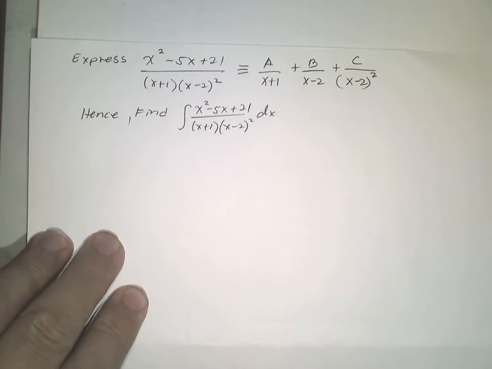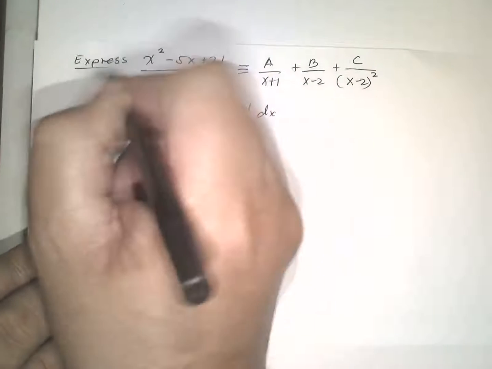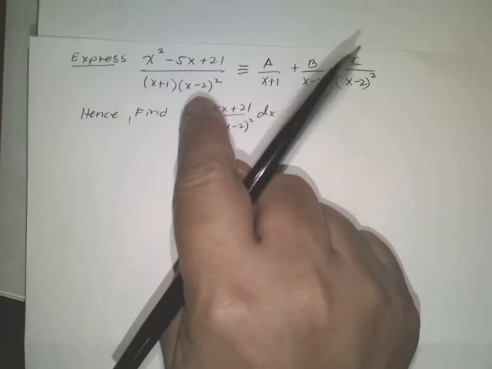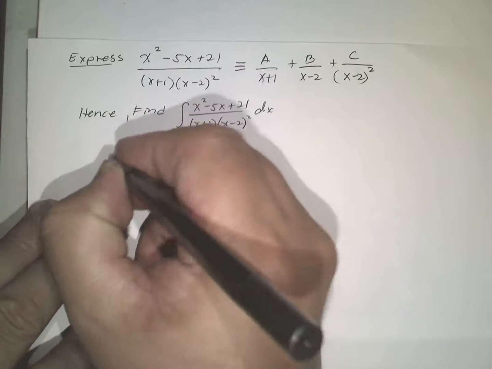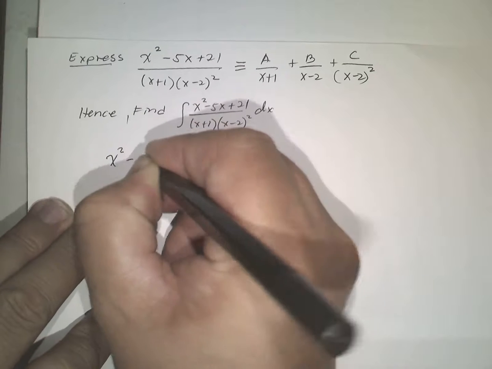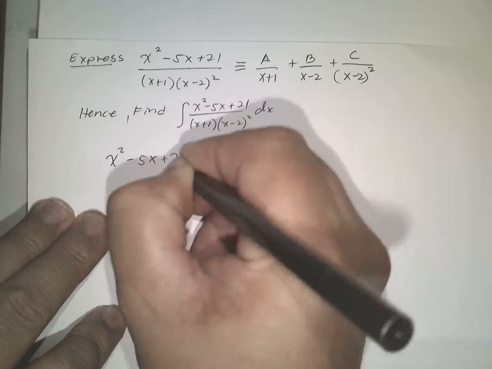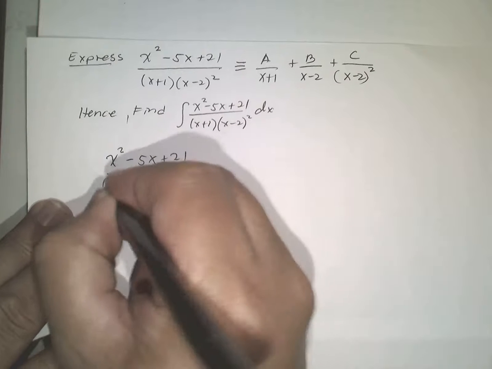So for us to be able to find the A, B, C, we need to follow this rule. We need to express the left hand side to the right hand side. So let's try to do that. Let me just copy the left hand side.